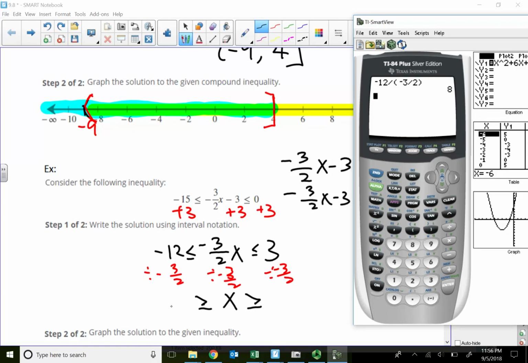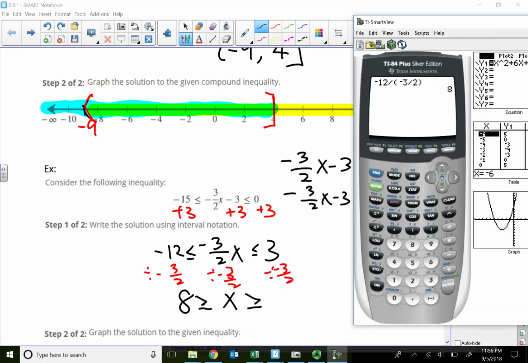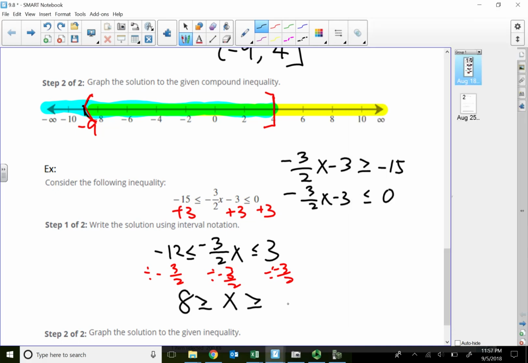That will give me 8 right here. Then 3 divided by negative 3 halves, divided by negative 3 over 2. That's negative 2. All right, so this x is actually bound by these two sides.